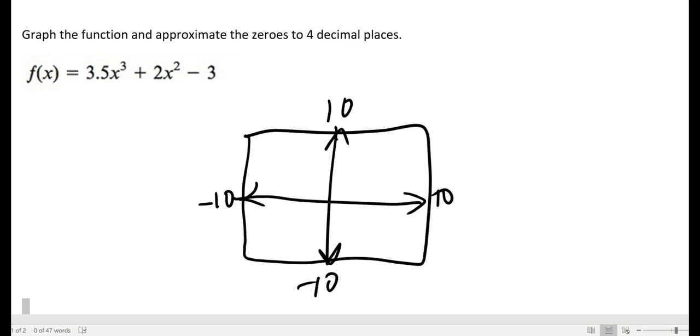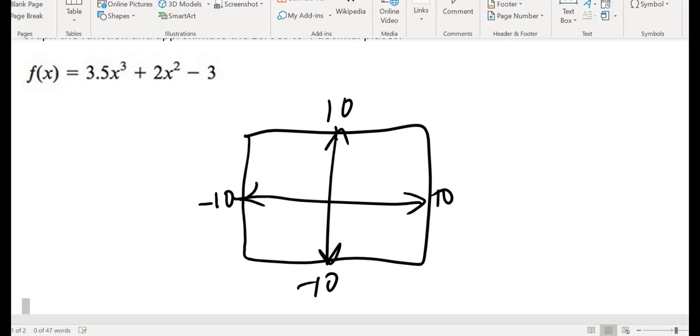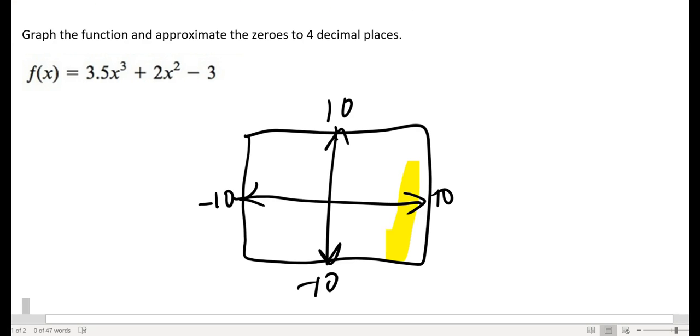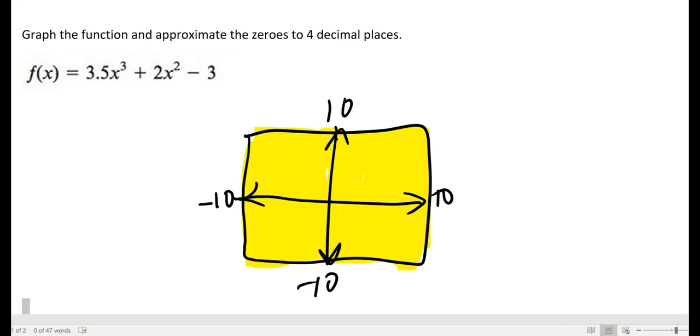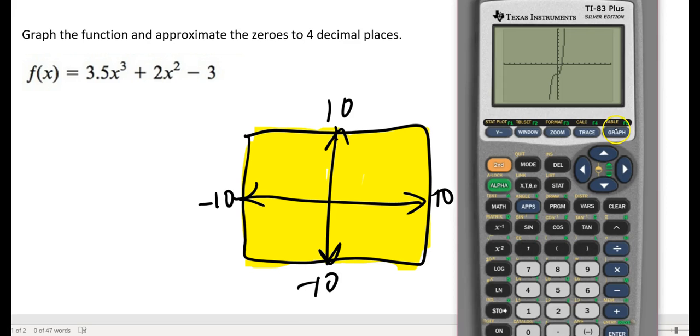If our function's not inside, say our function were outside of that, it won't show up on the calculator and we'll have to adjust our window. But lucky for us, when I hit graph, our function is inside of our window. And we can see that looks like a cubic function from the graph, right? Which would agree with the function over here having a 3 for the exponent.